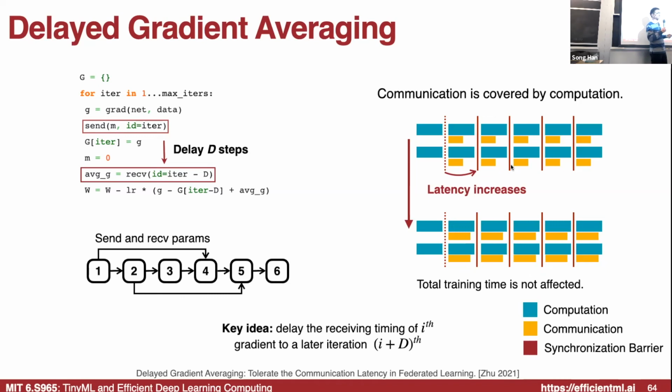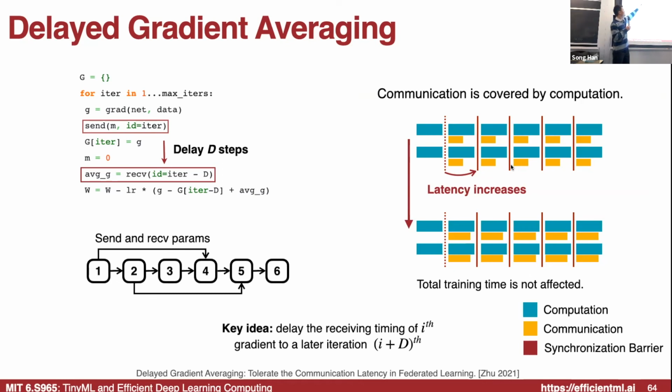So the communication takes longer and longer, and finally even longer than that, then we can no longer tolerate it, since we have to do synchronization up here. But before that, no matter how long it is, as long as it falls into this range, we can just hide that latency.